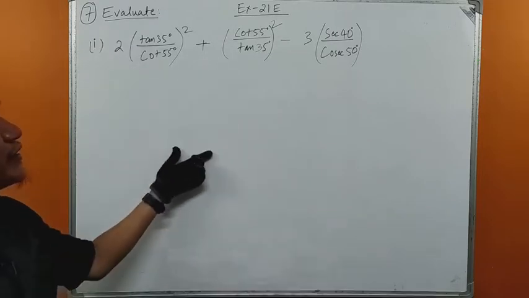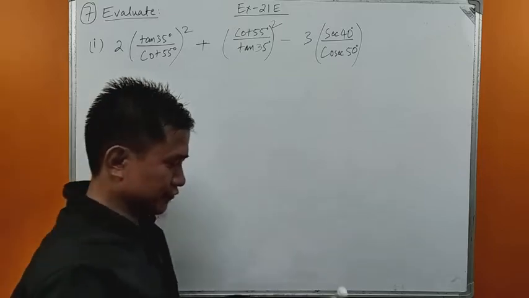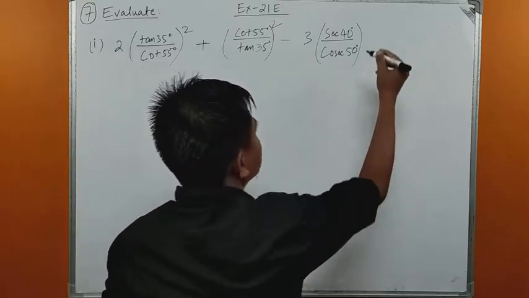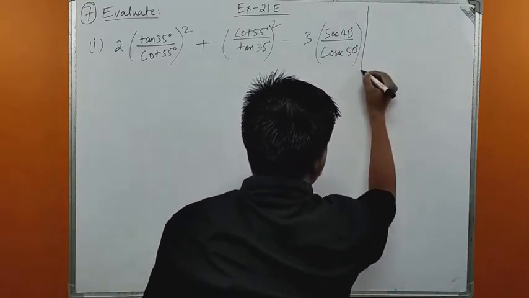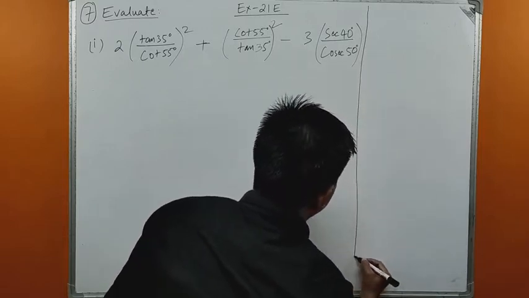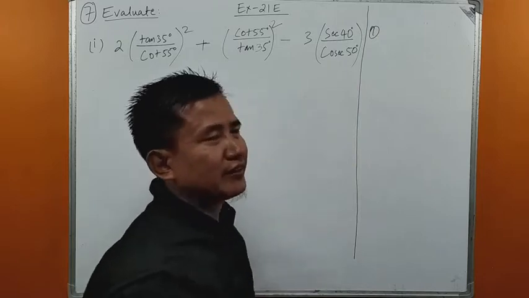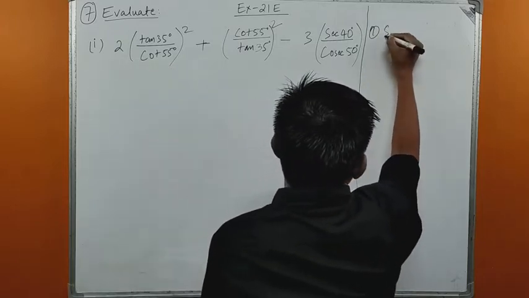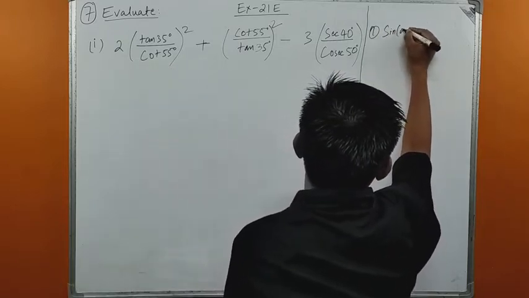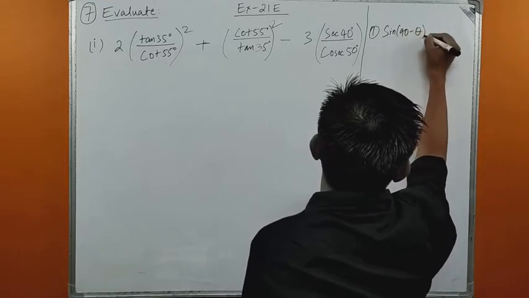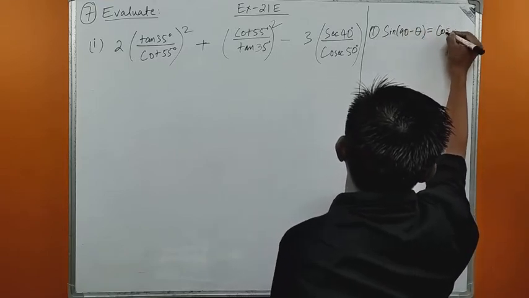Before we start doing this question, let us write the formulas that we require while solving the questions from question number 7. I have already given these formulas, but I'm going to remind you again. Number 1, sin 90 minus theta is equal to cos theta.